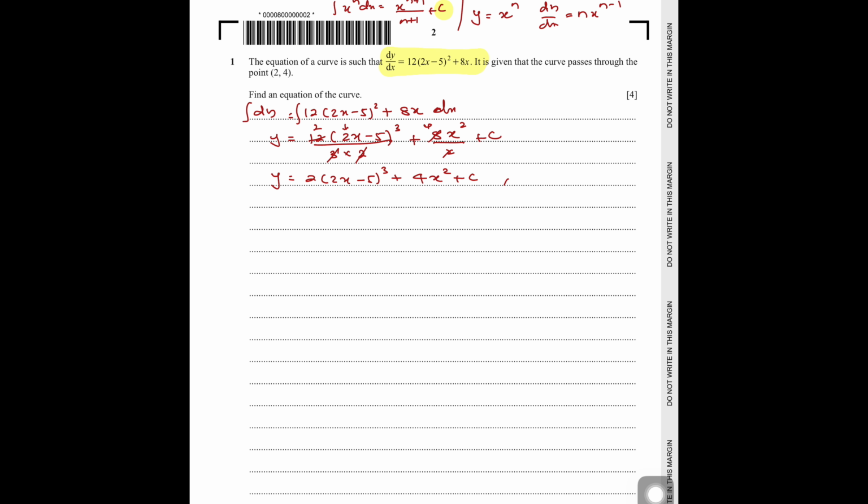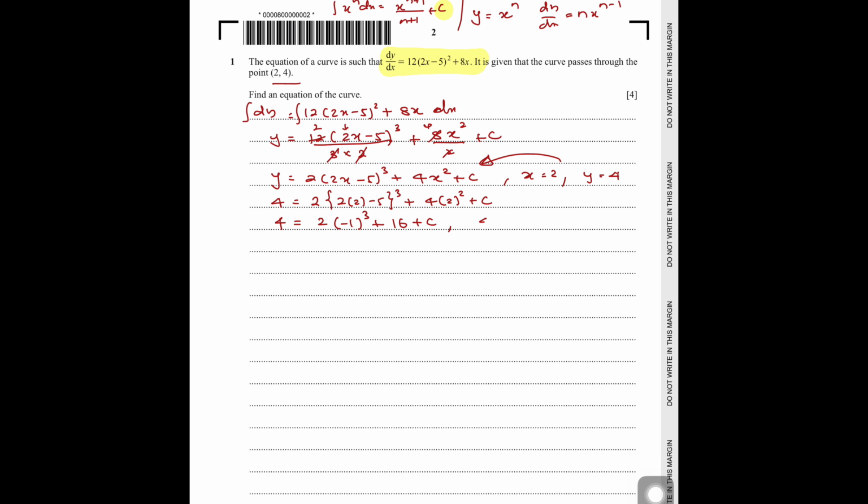Now I'm given x is 2 and y is 4. Substitute into the equation. 4 = 2(2 times 2 - 5)^3 + 4 times 2^2 + c. So 4 = 2 times (4 - 5), negative 1 to the power 3, plus 4 times 4, 16, plus c.